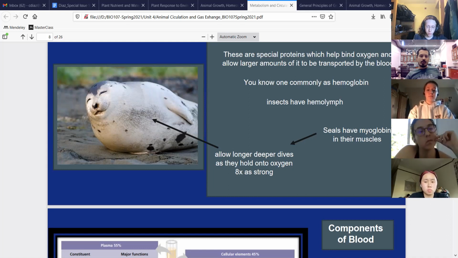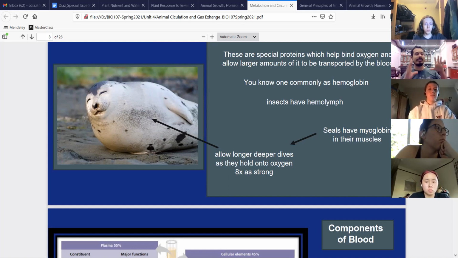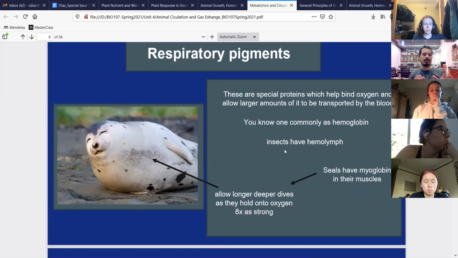What I was saying earlier about the different types is that each of these organisms, think about humans, seals, which are in water, and then insects, all three primarily have a different type of respiratory pigment in their body. And why is that? It's because they have access to differing amounts of oxygen, and they need differing amounts depending on what they're doing.